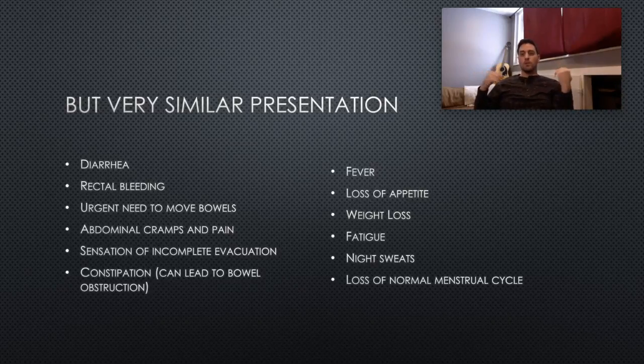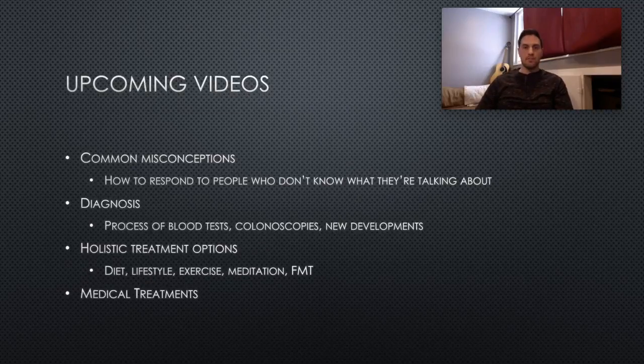So when you go into the doctor and you tell them these are your symptoms, really it could be one of the two, and they're not going to be able to tell until they do a colonoscopy or get a biopsy and look at the actual cells. So that's why these diseases are so closely related: on the surface, you look exactly the same, but you have to really get in there to look at it to be able to tell the difference. But that is it for this video.